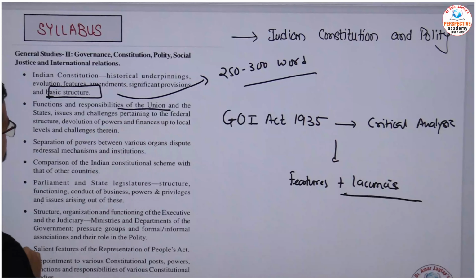So again, way forward. Next: poverty alleviation programs in India remain a mere showpiece unless they are backed by political will. Discuss with reference to the performance of major poverty alleviation programs. Means what? Critical evaluation of government programs.